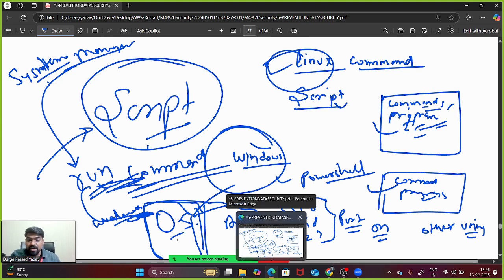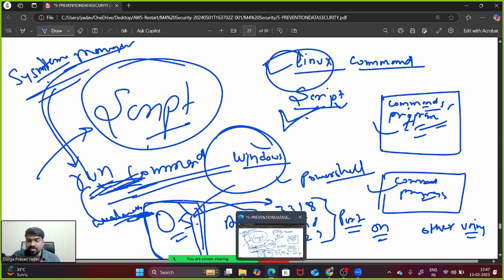So to fix it, you will write some script, and that script will be run by Systems Manager for your operating system. Why is Systems Manager used? Because Systems Manager can run for 1, for 10, for 100, for 1000, 10,000, even 1 lakh PCs at a time, right?